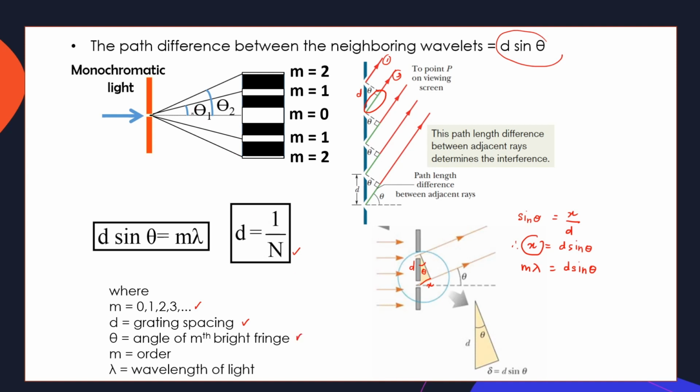For example, the first bright fringe, m equal to 1, happens at angle theta 1. The second order bright fringe is produced when the angle is equal to theta 2. Then we can calculate the angles for the other orders of the bright fringe. And m is the order number, lambda is the wavelength of light.